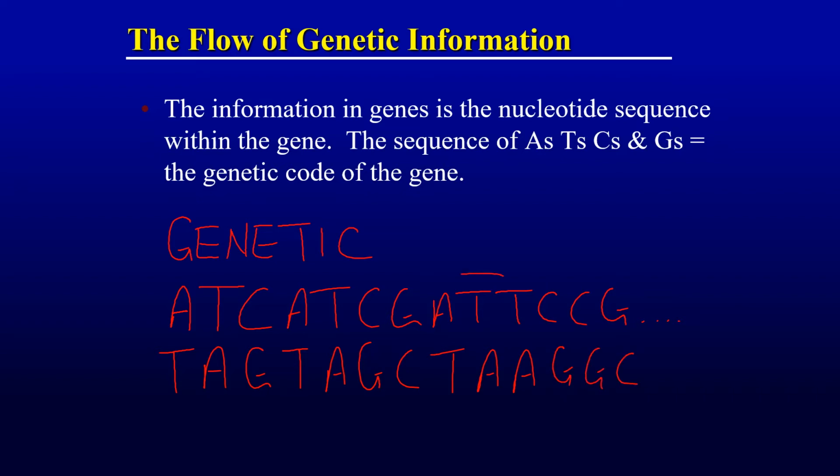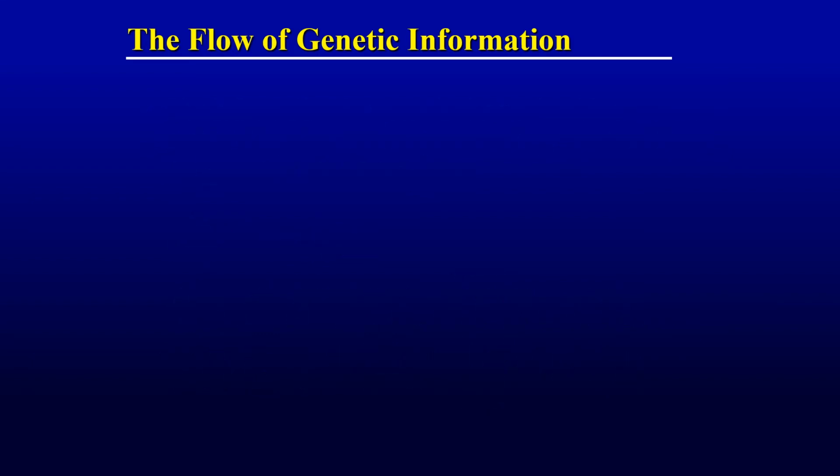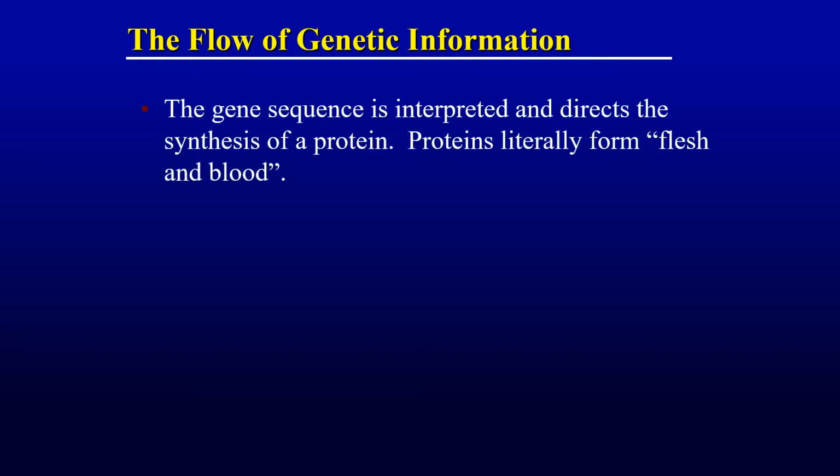And of course you know that this makes a base pair, and there can be again 1,000 to 2,000 or even more in many genes. And a gene is simply a length of DNA that codes for a polypeptide. So that gene sequence is interpreted and it directs the synthesis of a protein.